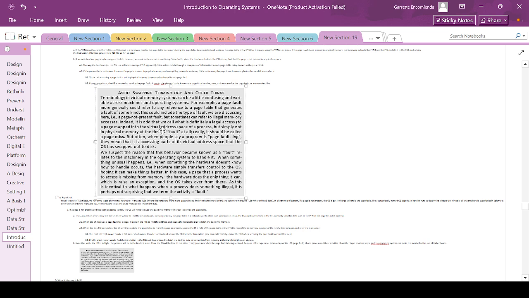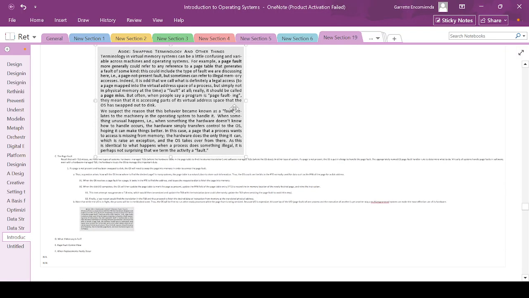Indeed, it is odd that we call what is definitely a legal access to a page mapped into the virtual address space of a process, but simply not in physical memory at that time, a fault at all. Really, it should be called a page miss, but often when people say a program is page faulting, they mean that it is accessing parts of its virtual address space the OS has swapped out to disk.